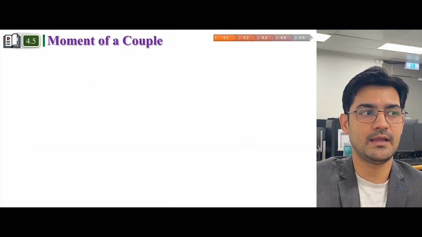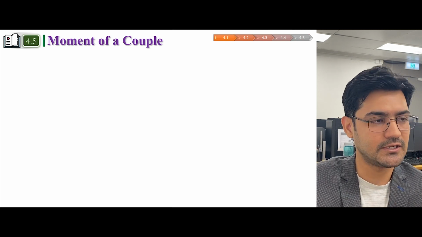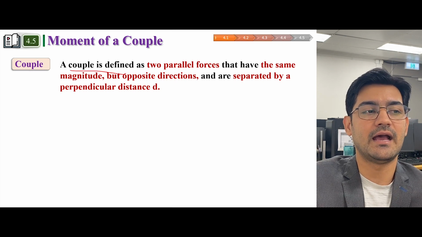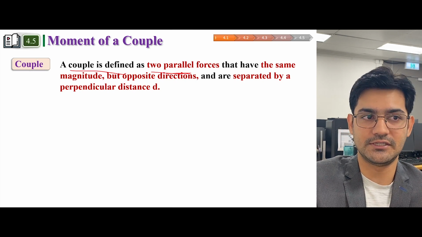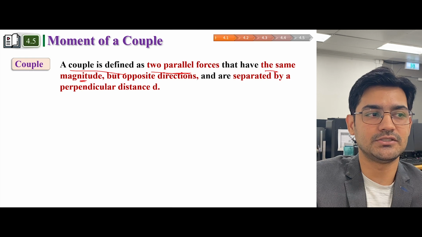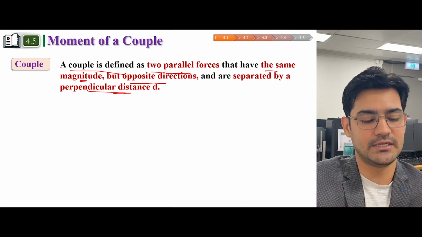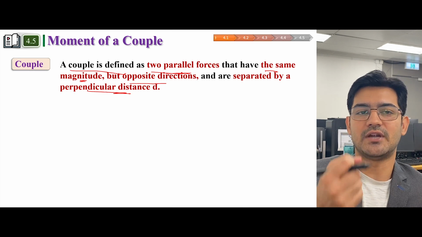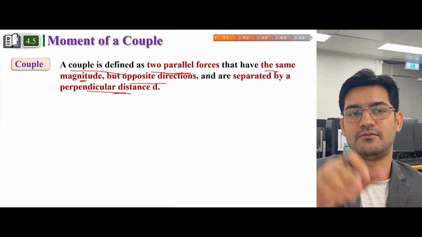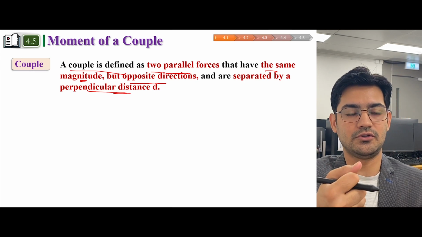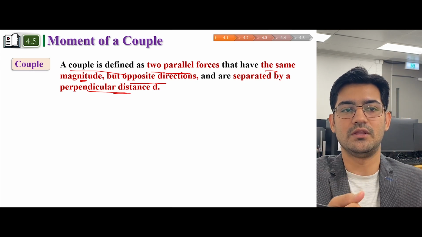Now, what is a moment of a couple? A couple is also a very interesting phenomenon, and a couple can be defined as two parallel forces that have the same magnitude but opposite direction, and they are separated by a perpendicular distance between them. For example, if you are driving a car, you have a wheel, and what you usually do is put hands on the wheel and drive with both hands.